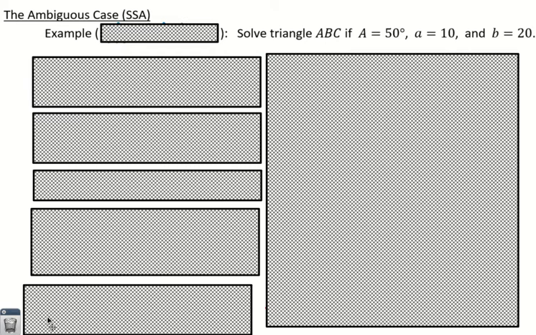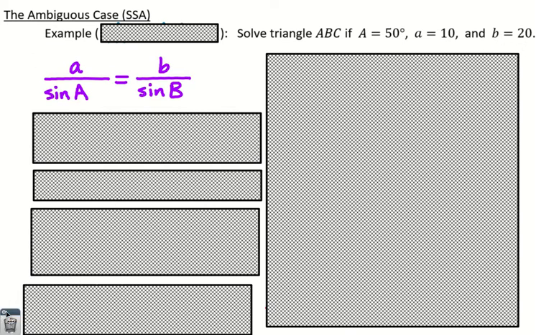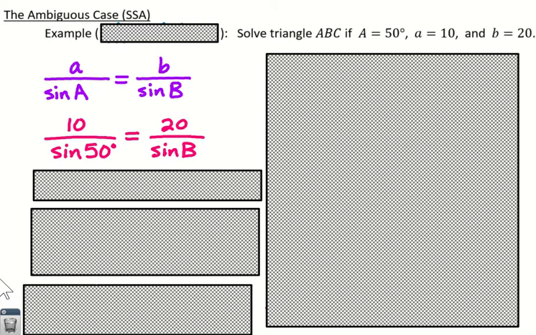Let's see what happens here. This is going to be, again, the ambiguous case SSA. So again, it's big A and little b. We're going to utilize the same law of sines proportion, and the only thing we can really go out to find here is big B, right? Plug in what you know, as we've been doing. Cross multiply.